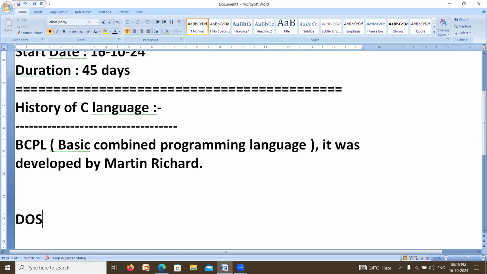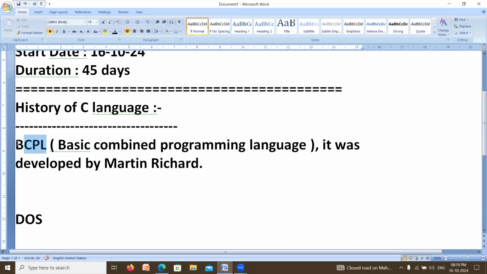So every system should have one operating system. Your phone also has one operating system, the Android operating system. Your TV also has one operating system, also called Android. My laptop has one operating system, called Windows operating system.